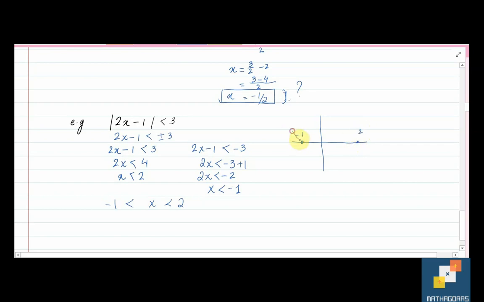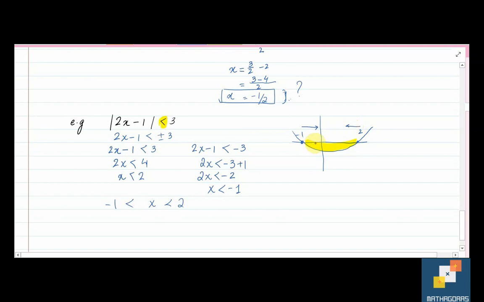Let's suppose you have a graph like this, right? Now we are looking for the values of y that are less than, or you can say in your graph, we are looking for the values that lie inside the curve. If I need to go inside the curve, that means I need to go greater than minus 1 and less than 2.